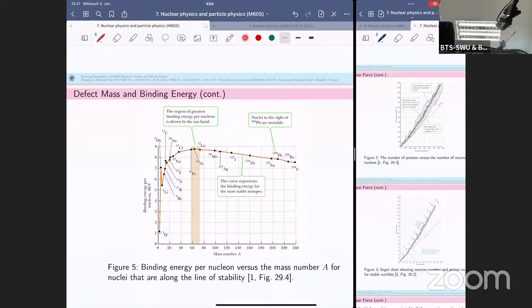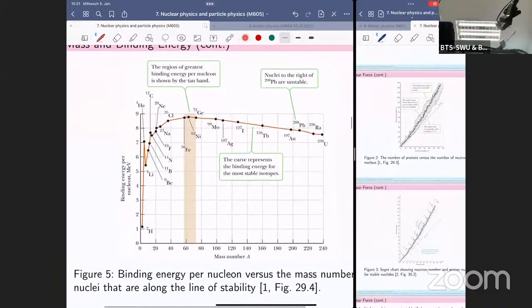That's the quantity we have just calculated. But scientists have collected all the information into this plot here. Okay, let's zoom in on this.